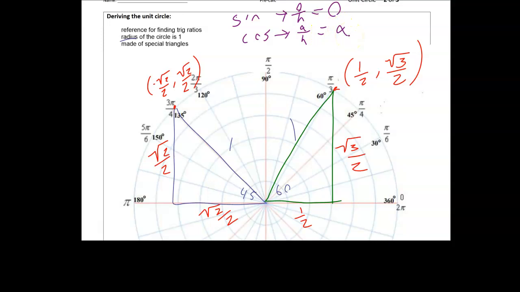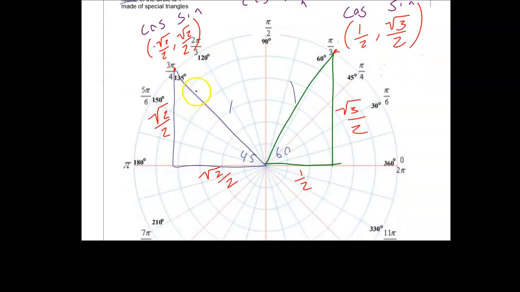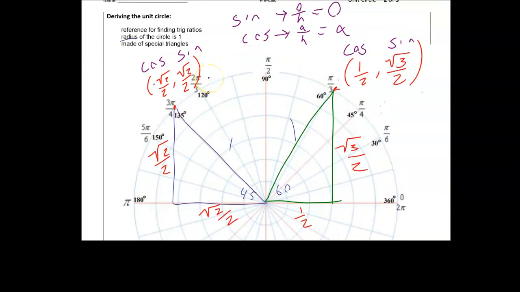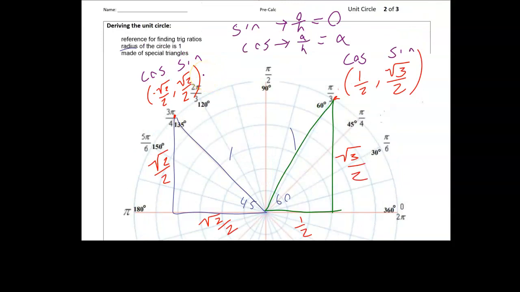And really, what that means here, my opposite and adjacent sides are just my x and my y coordinates, right? So here we have cosine and sine. Here we have cosine and sine, right? So as I look around the unit circle, your next move is going to be to do a little bit of practice on this and fill out this entire thing just by drawing your triangle. That is also what your mastery is going to be, is just deriving this by hand.